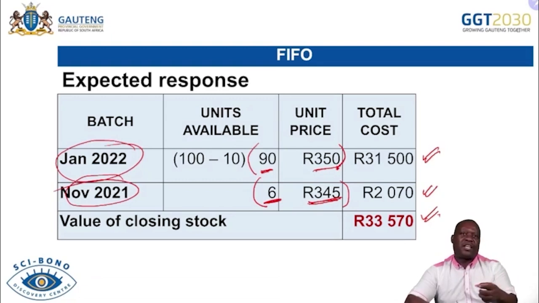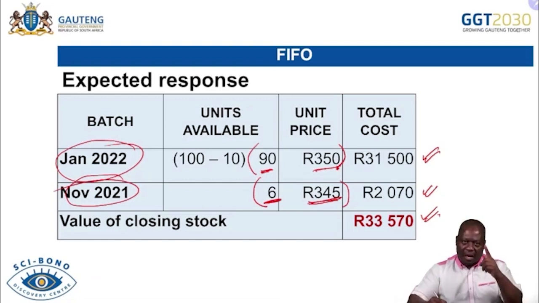The most important thing is finding our closing stock, because how to find cost of sales is universal, it's the same. And I'm going to show you as we go. So don't worry, we are coming to cost of sales. FIFO method: the most recent stock items are still available, because we are selling the earlier items first. First in, first out.